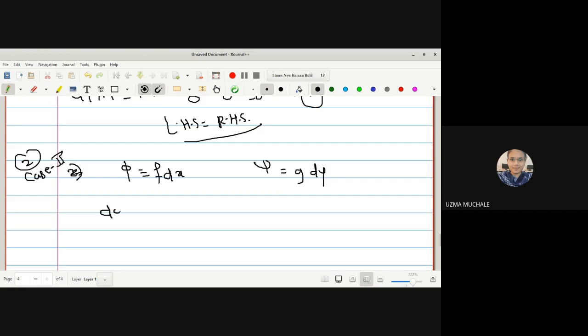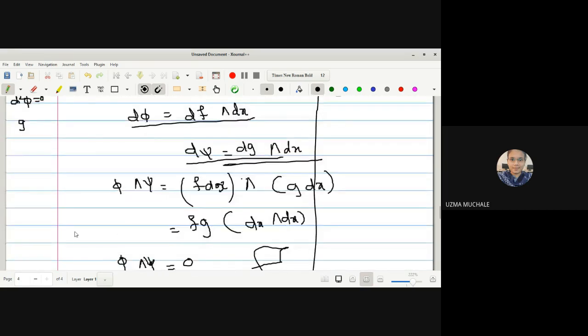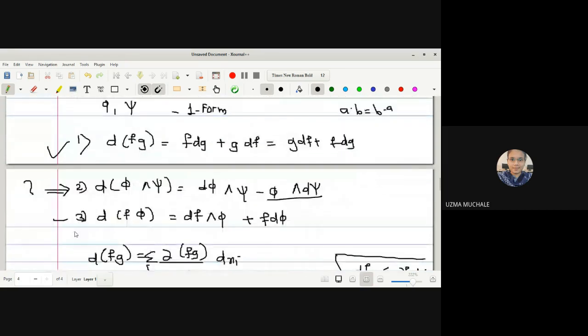First you have to find d phi and d psi, then go for the second property. Those who want can write down all these properties to evaluate the homework. Try to do the second case in a very similar way to the first one. But the change is that in the first case we had dx, whereas in the second case we have dx and dy. So it is lengthy whenever you evaluate this one.